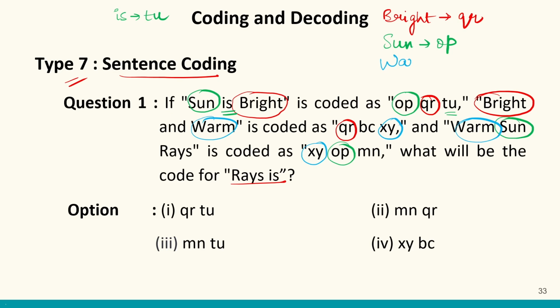So warm is coded as XY. So in this sentence, warm sun rays, only rays is the word that is remaining, and only MN is the code that is remaining. So rays will be coded as MN. So our answer will have both MN and TU, which is option number 3. So option number 3 will be the correct answer.